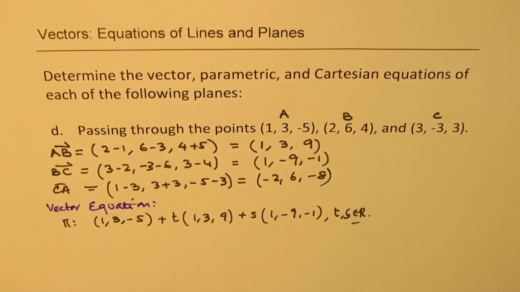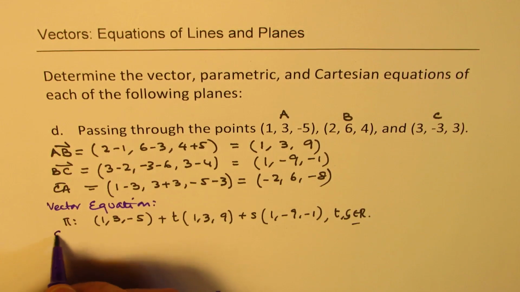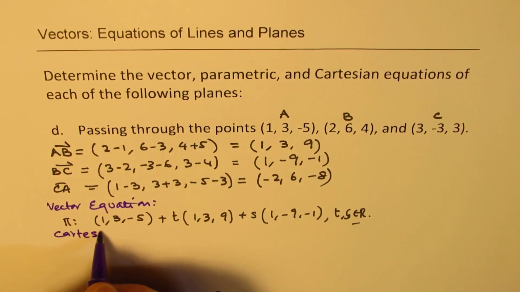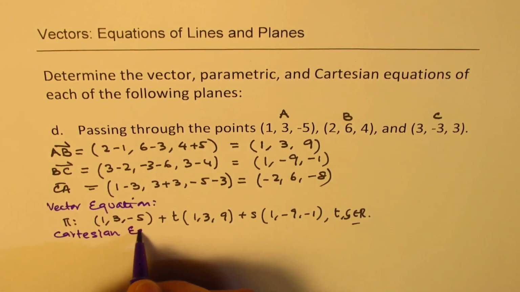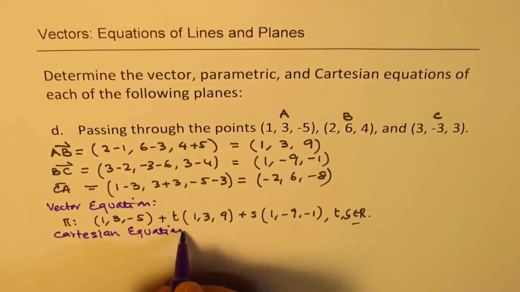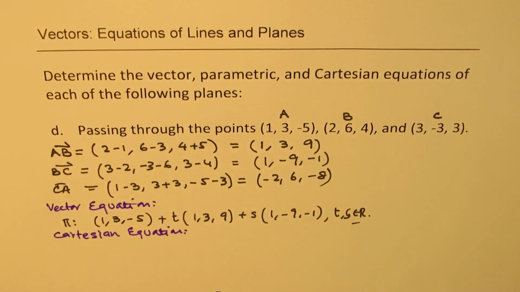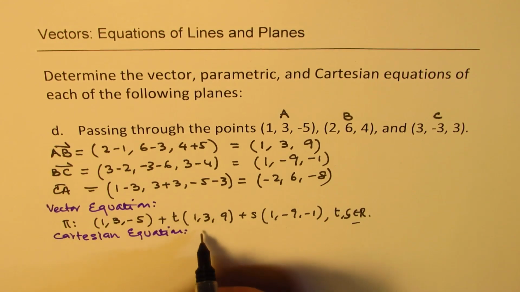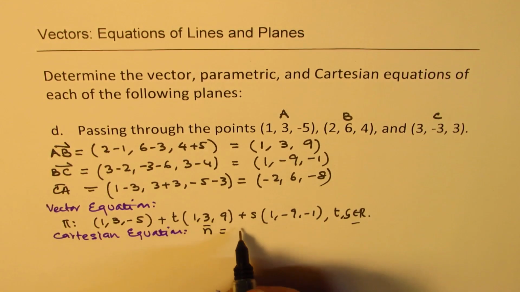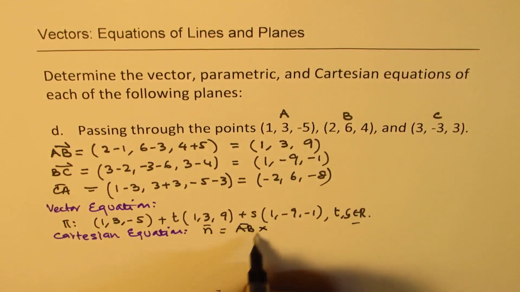Now we'll use this space to write down the Cartesian equation. So we need to find the normal. That's the first thing. So the normal will be, let's say, AB cross BC.